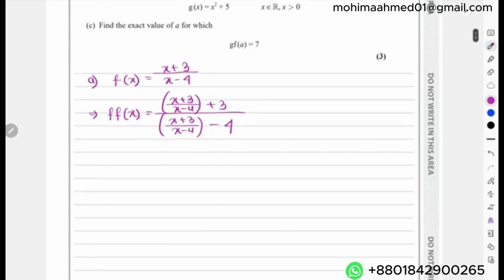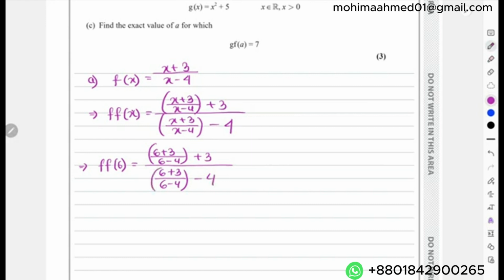So I'll not do any LCMs over here because that will just make this entire equation more lengthy. I'll just input the value for x into every stated position for x, which is ff6. I'll just use 6 instead of writing x at every point. So we have 6 plus 3 over 6 minus 4, then plus 3, then again 6 plus 3 over 6 minus 4, then again minus 4.